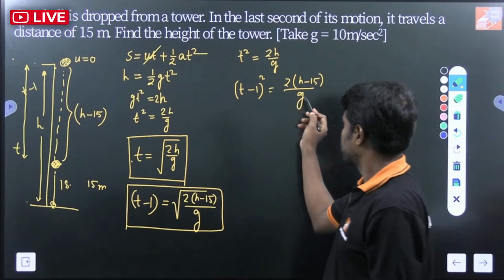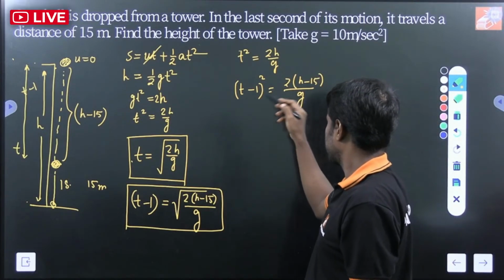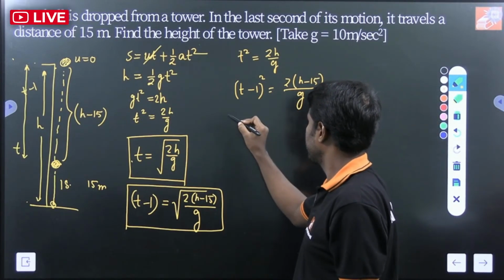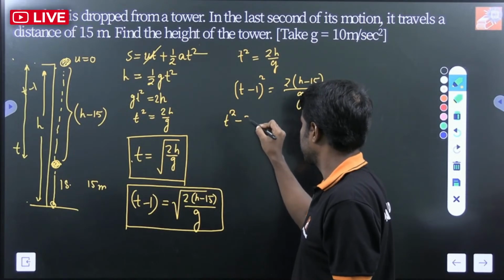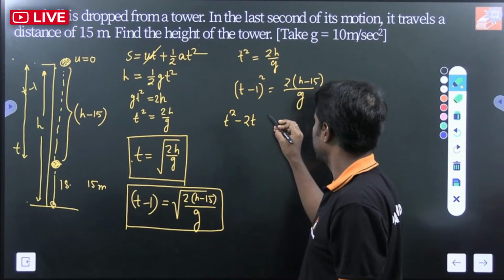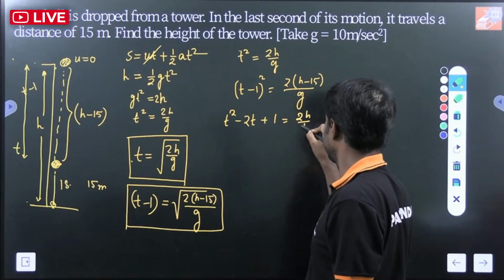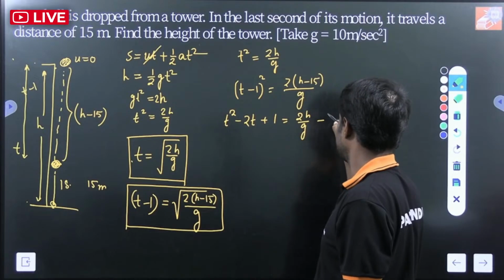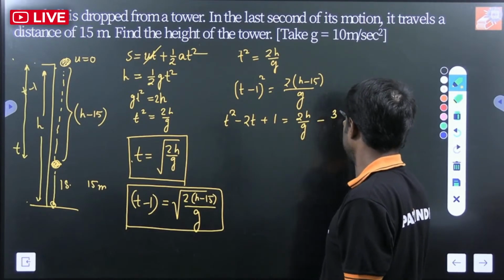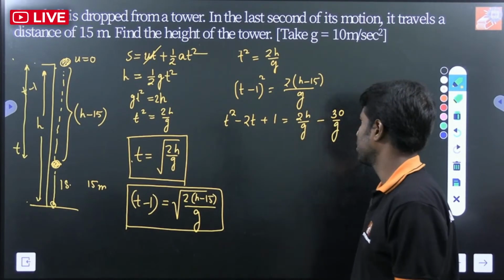Now squaring both, we get t square minus 2t plus 1 equals 2h by g minus 15 into 2, that is 30 by g.